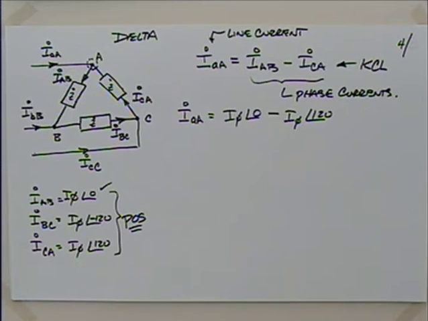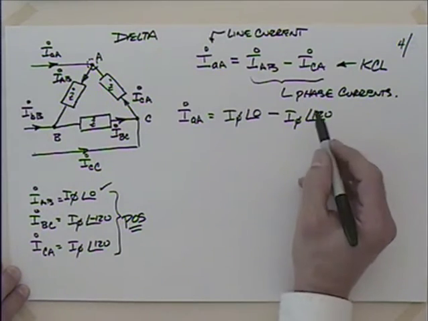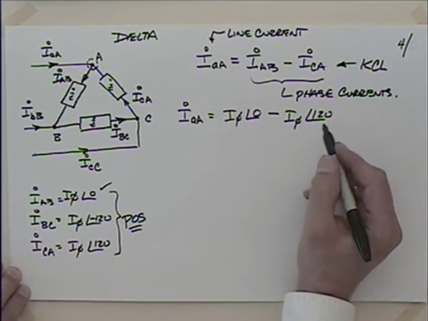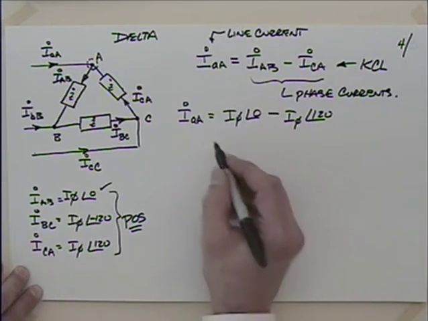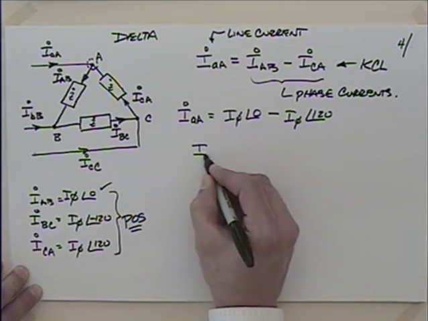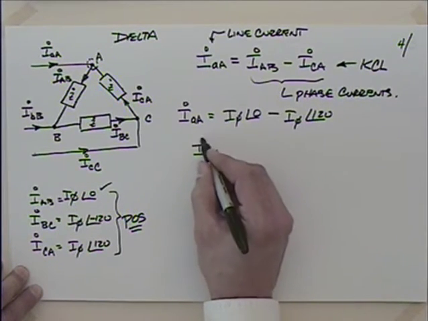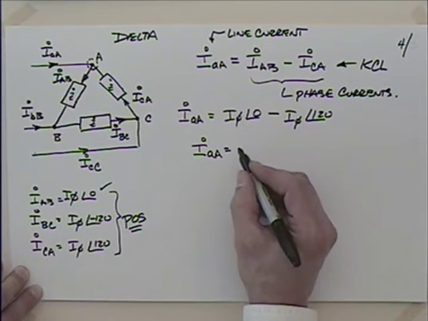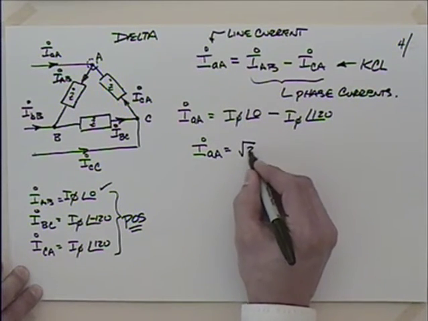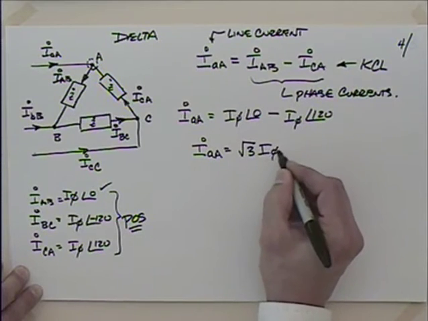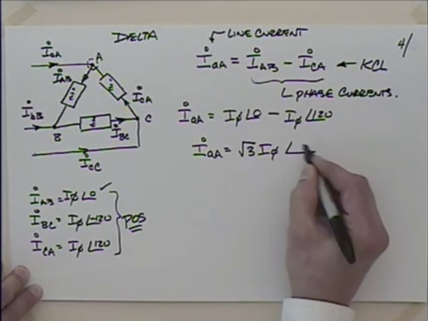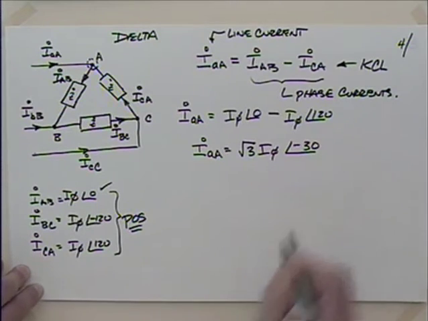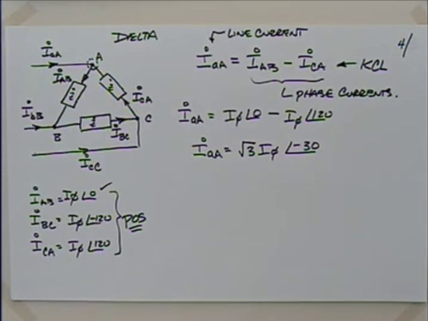I won't go through it in all the details, but really the only thing that's different is not having the negative sign there. And we'll say that I little a, big A, is equal to the square root of 3 times I_phi at an angle of minus 30 degrees. We picked up that negative because we didn't have the minus on that 120 like we did for the voltage.